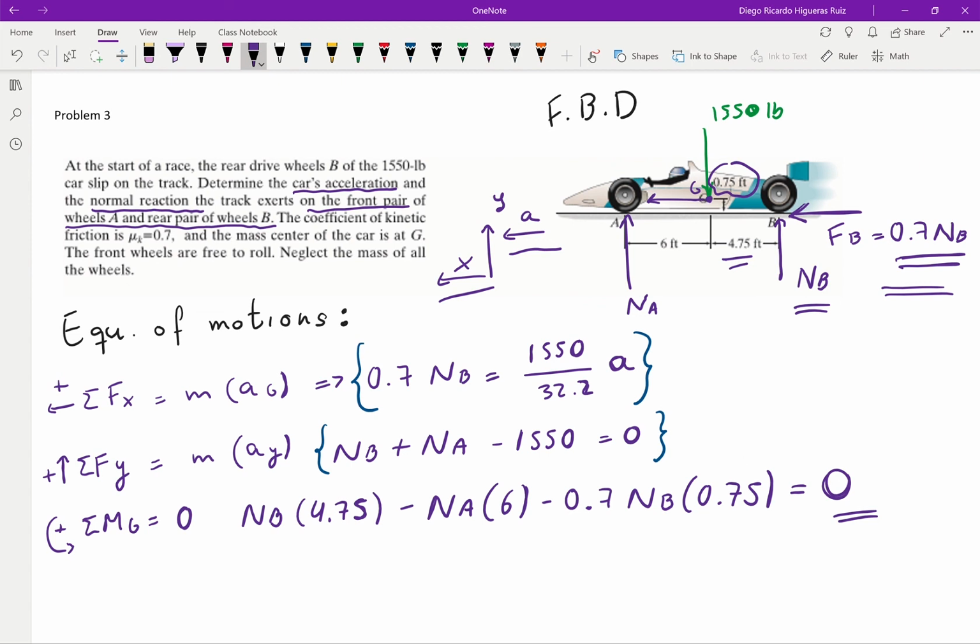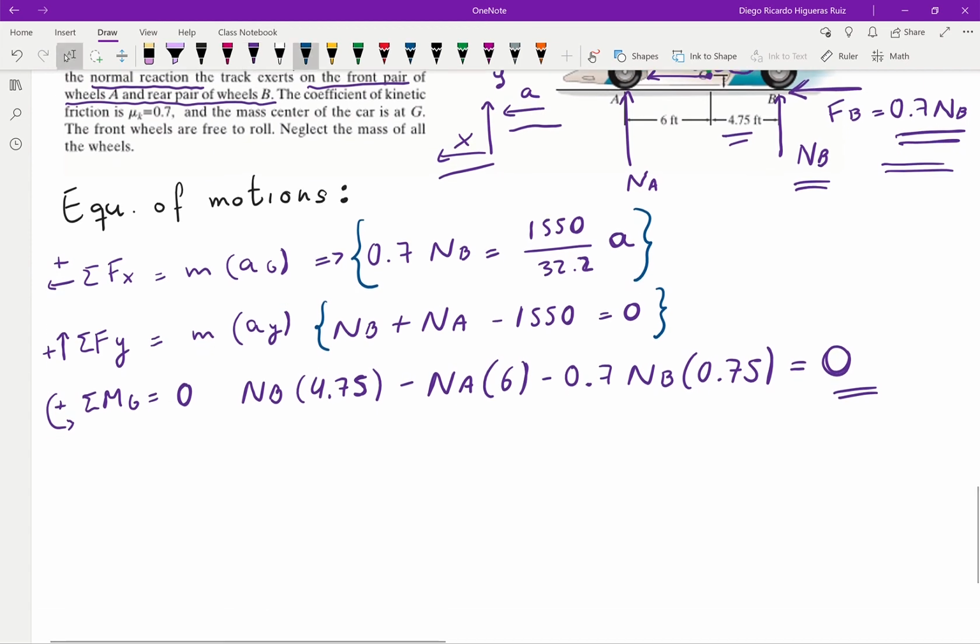So that acceleration right there is not causing any inertia to this car to rotate with respect to point G. So there is not a kinetic moment with respect to that point. Okay, now we got three equations and three unknowns: NB, NA, and acceleration. We're gonna go ahead and solve for this, and we'll be pretty much done with the problem.